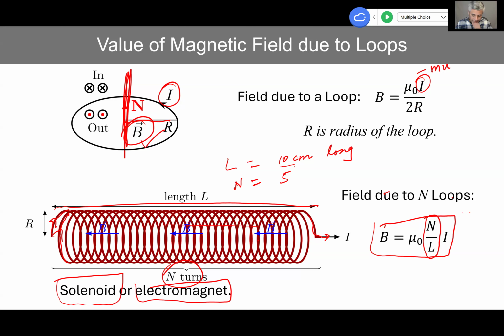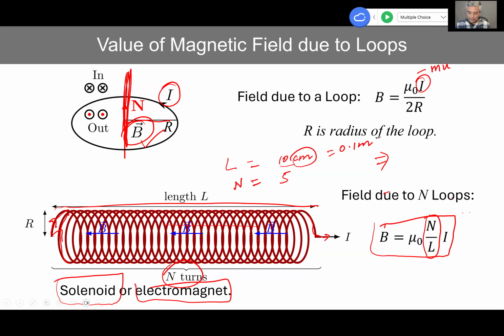Now, in this case, what's the density? We want to convert this centimeter into meter. 10 centimeters is 0.1 meter.